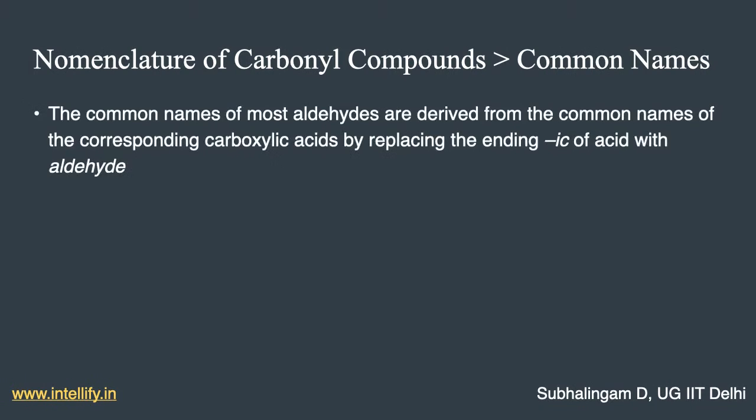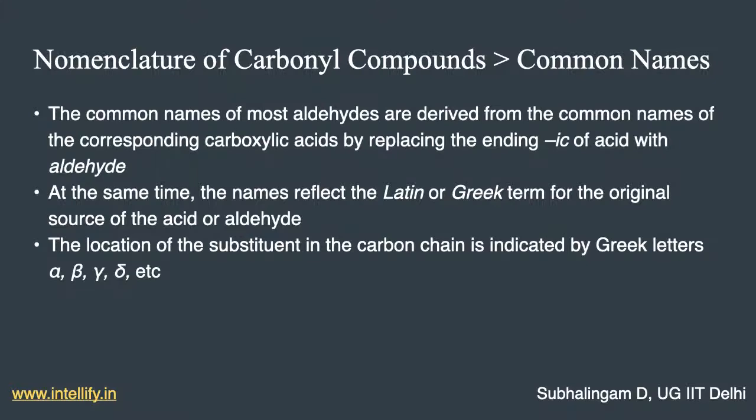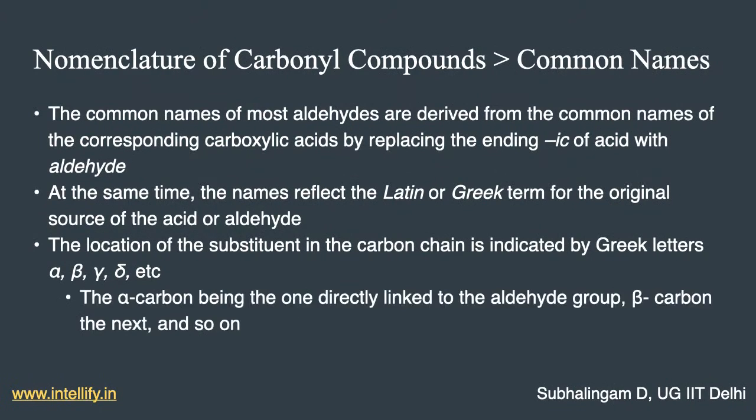The common names of most aldehydes are derived from the common names of the corresponding carboxylic acids by replacing the ending -ic of acid with aldehyde. At the same time, the names reflect the Latin or Greek term for the original source of the acid or aldehyde. The location of a substituent in the carbon chain is indicated by Greek letters alpha, beta, gamma, delta, and so on.